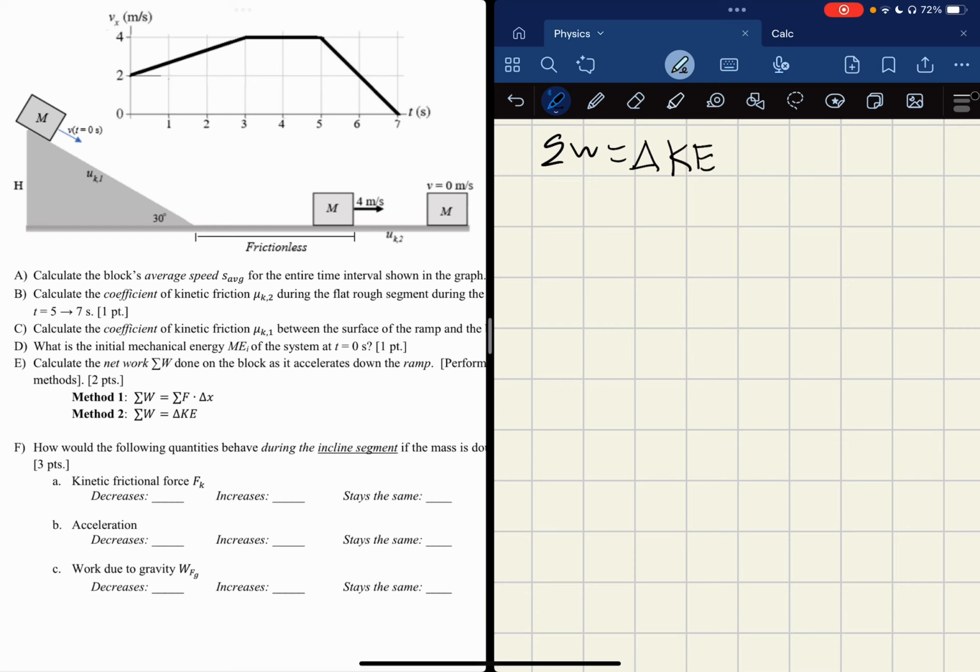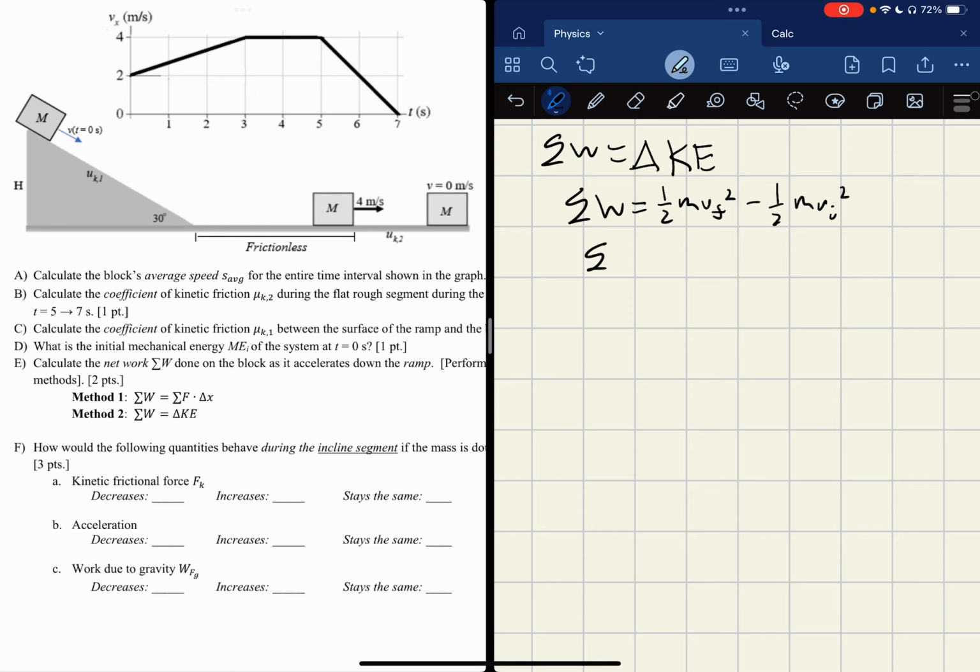Which we can write change in KE as 1/2 m vf squared minus 1/2 m vi squared. We know, as mentioned before, that at the end of the incline ramp its final velocity is 4, and at the beginning of the incline ramp it starts with an initial velocity of 2.